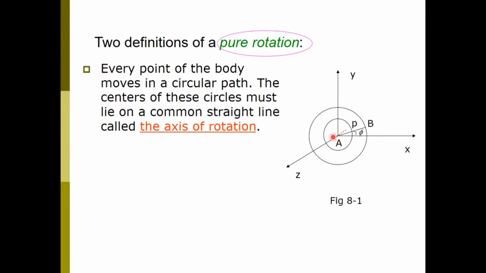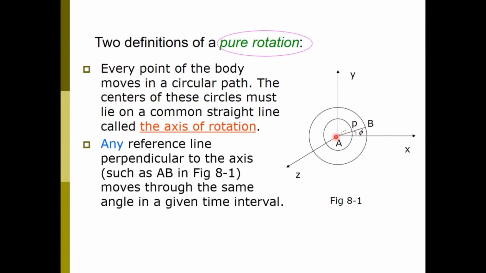So this is the axis of rotation. The second definition of pure rotation is any reference line perpendicular to the axis, such as A to B in this figure, moves through the same angle in a given time interval.